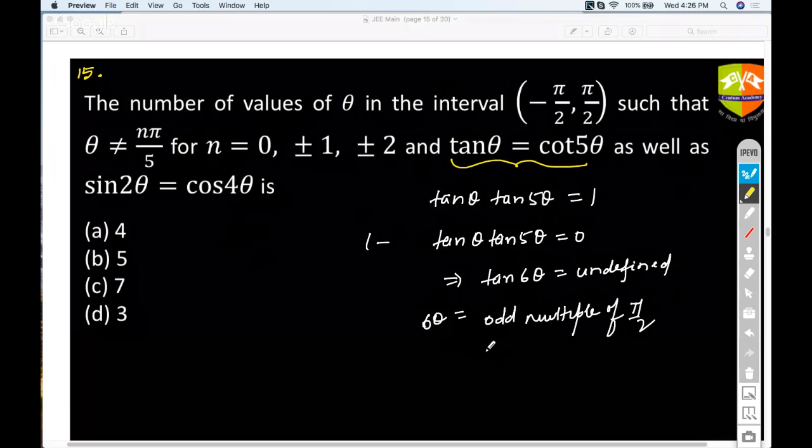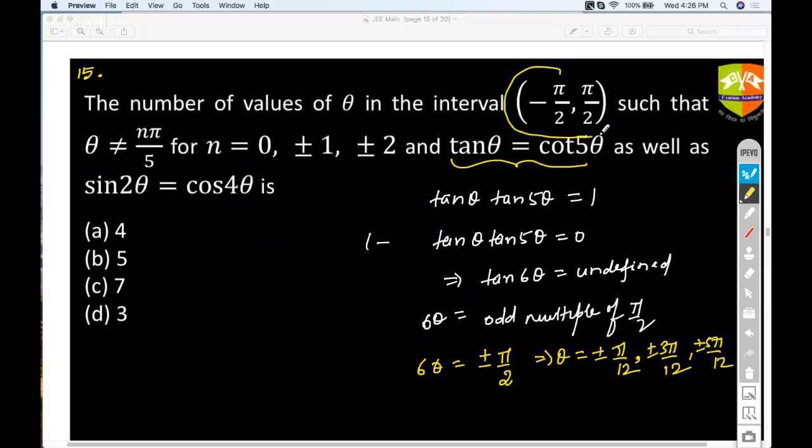So if I just start with plus minus pi by 2, so 6 theta is plus minus pi by 2 implies theta is plus minus pi by 12. I can also afford to take plus minus 3 pi by 2, that will give me plus minus 3 pi by 12. And I can also afford to take plus minus 5 pi by 12 because I have to maintain the interval of theta to be minus pi by 2 to pi by 2.